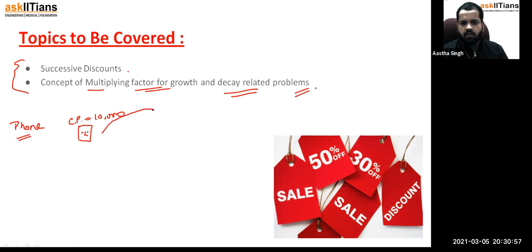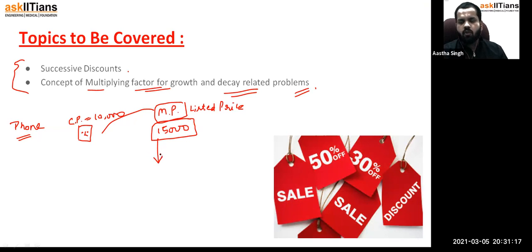And the shopkeeper has a marked price, which is basically your listed price. Suppose the listed price is 15,000.